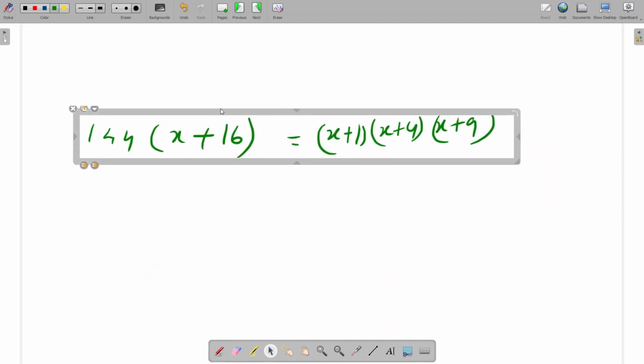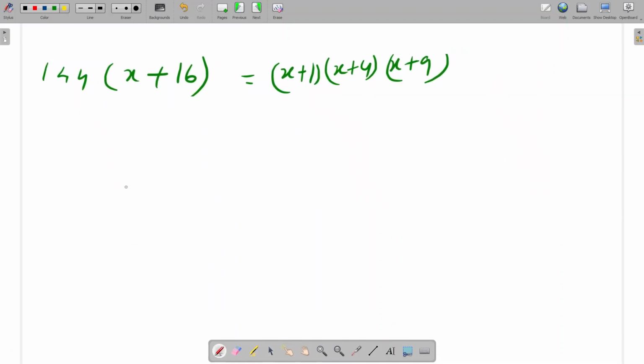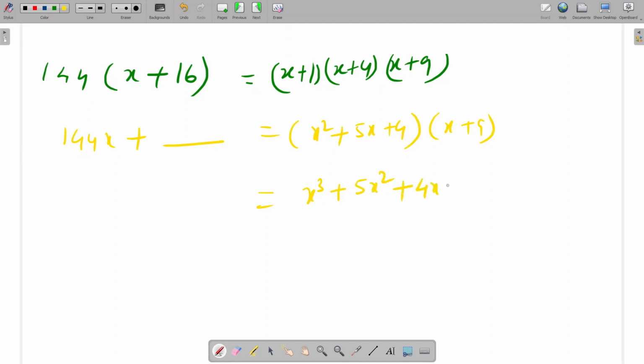So if you solve this equation, we'll find the same value. 144x plus 2304 on one side. Here it will be (x square plus 5x plus 4) into (x plus 9), which is x cube plus 5x square plus 4x plus 9x square plus 45x plus 36. Is it correct?